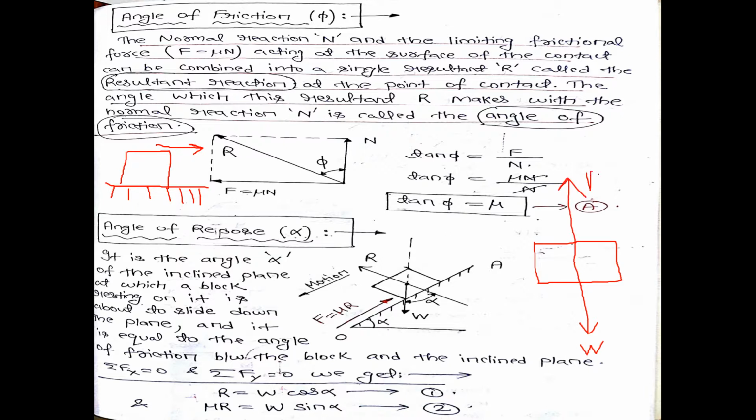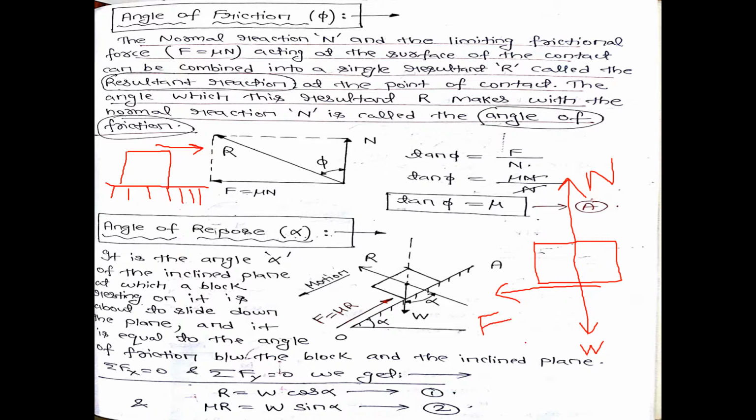This is your normal reaction, say N. And since the body is moving in this direction, a frictional force will exist between the contacting point of the body and this surface, and that frictional force will be in the tangential direction. This will be the frictional force direction, say capital F.